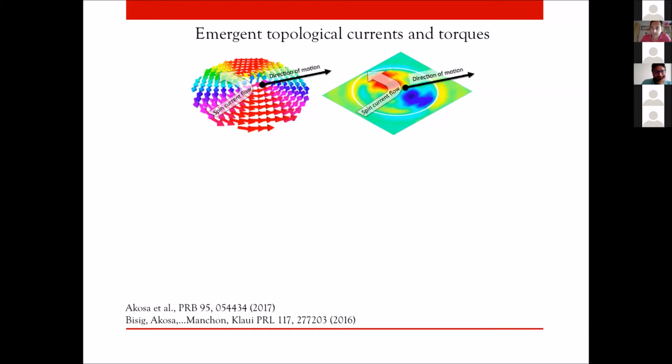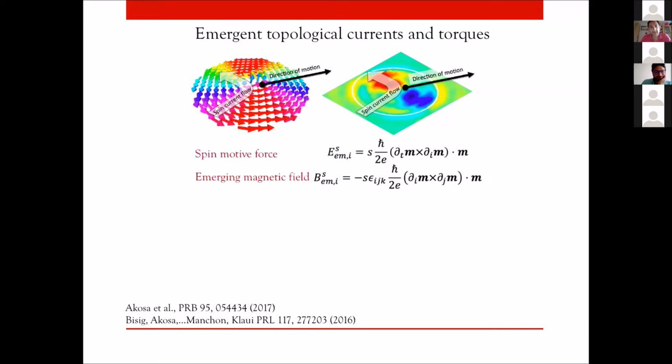From a theoretical point of view, you can actually show that when you have a moving magnetic texture, the electrons that are flowing through this texture experience a spin motive force, so an electromagnetic field. I would say an electric field and a magnetic field that are both spin dependent, and that depend on the spatial gradient of the magnetization as well as on the time dependence of the magnetization.